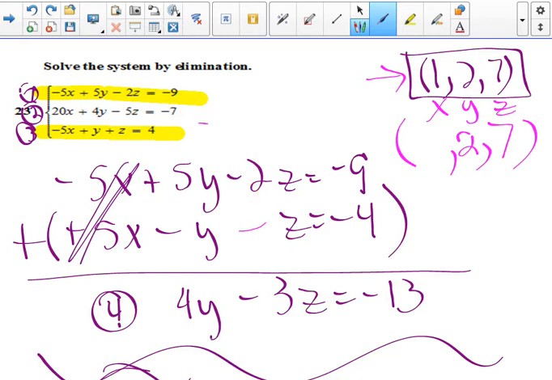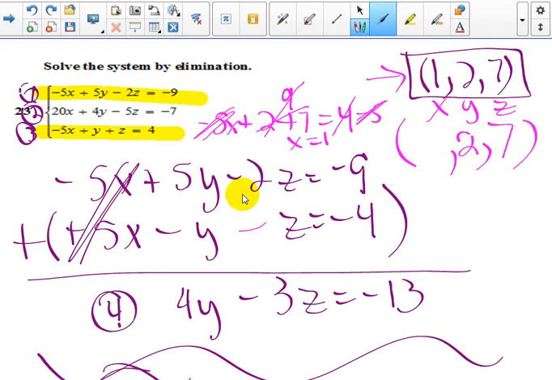So minus 5x plus y, which we said was 2, plus z, which we said was 7, is equal to 4. And now that's going to be a 9. And subtract 9 from each side, and you get a negative 5. So I get negative 5x equal negative 5. So divide both sides by negative 5, and you get that x equal 1.